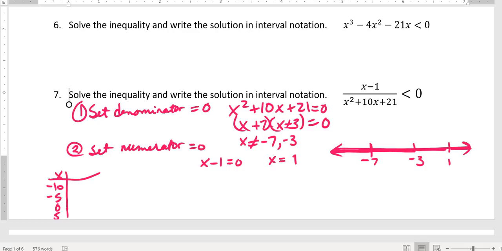Now, when you're entering a rational function into a calculator, there's a little Easter egg here. Make sure you put parentheses around the numerator and the denominator. That way you're safe, and the calculator knows that x minus 1 is the numerator and the entire polynomial x squared plus 10x plus 21 is the denominator.